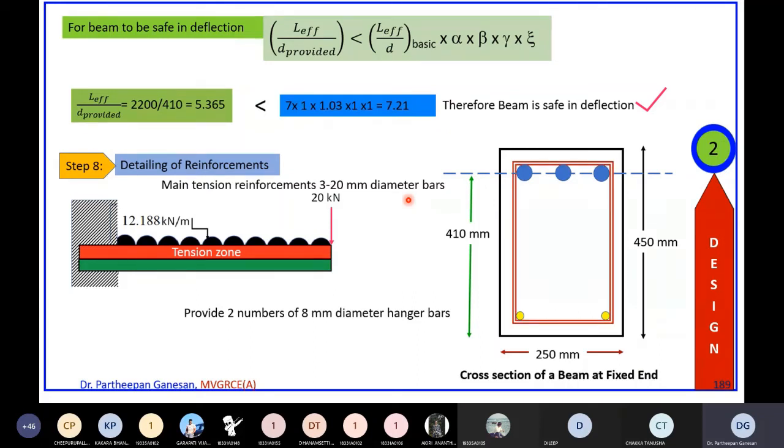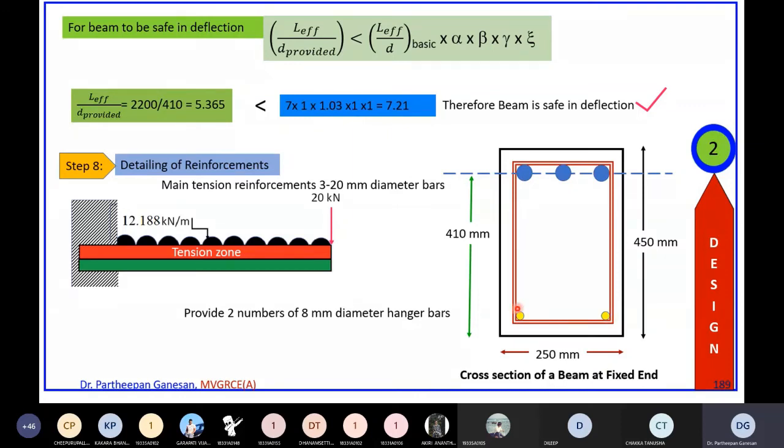Now, why is it called hanger bars? All these stirrups will be provided along the length of the beam. So if you tie the stirrups only at the top, they may get disrupted at the bottom. The alignment may change. That is why we put two hanger bars to tie all the stirrups one by one.